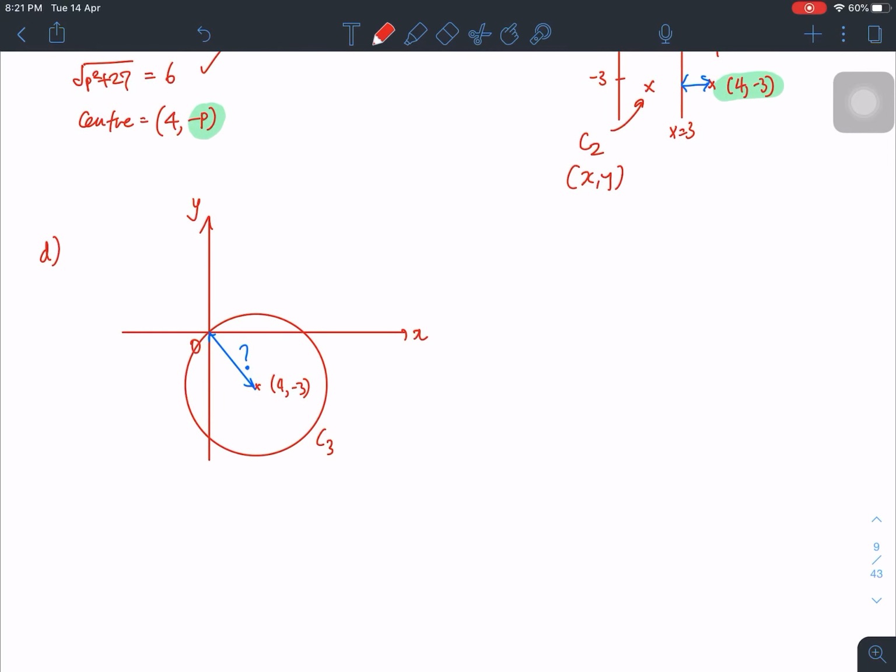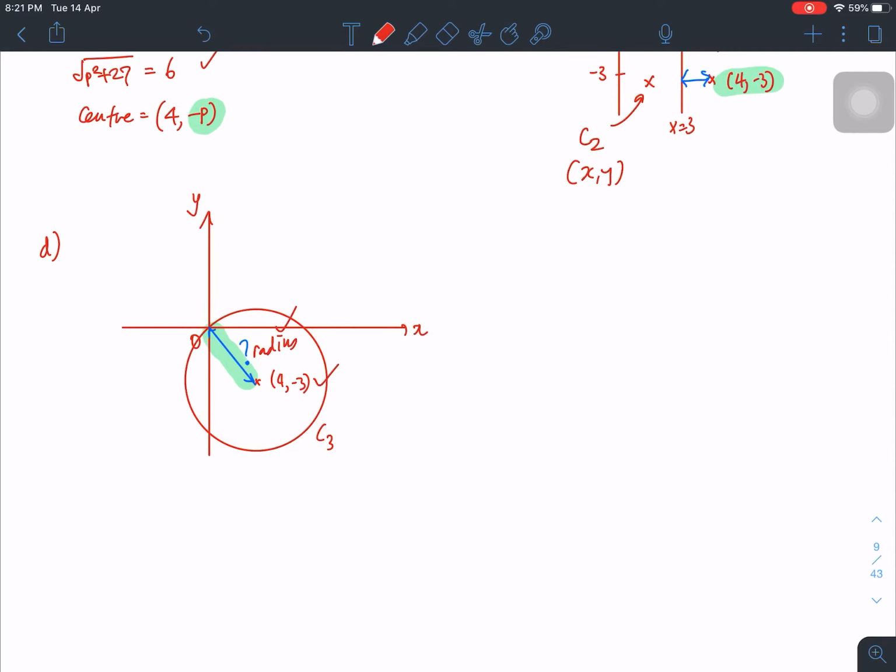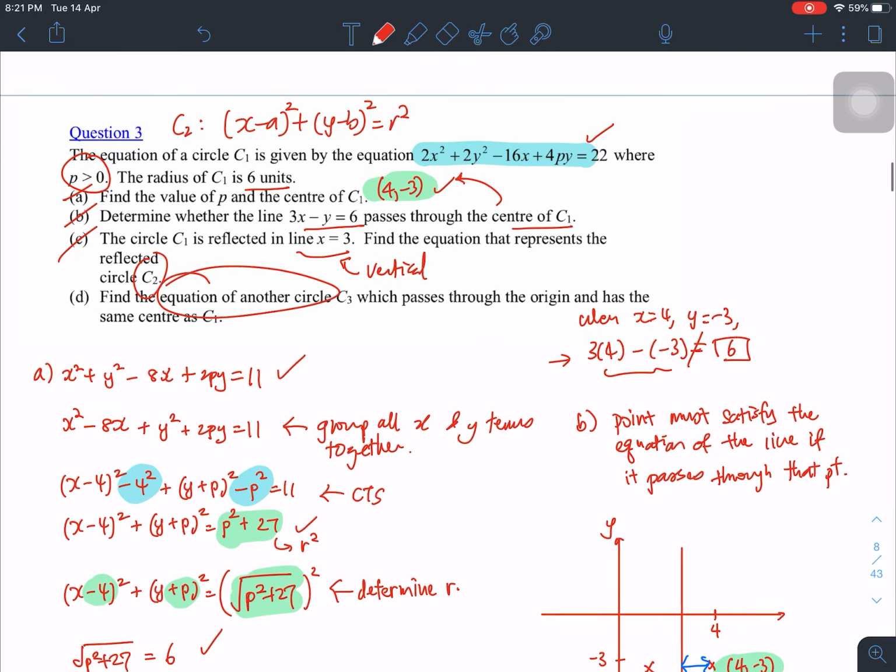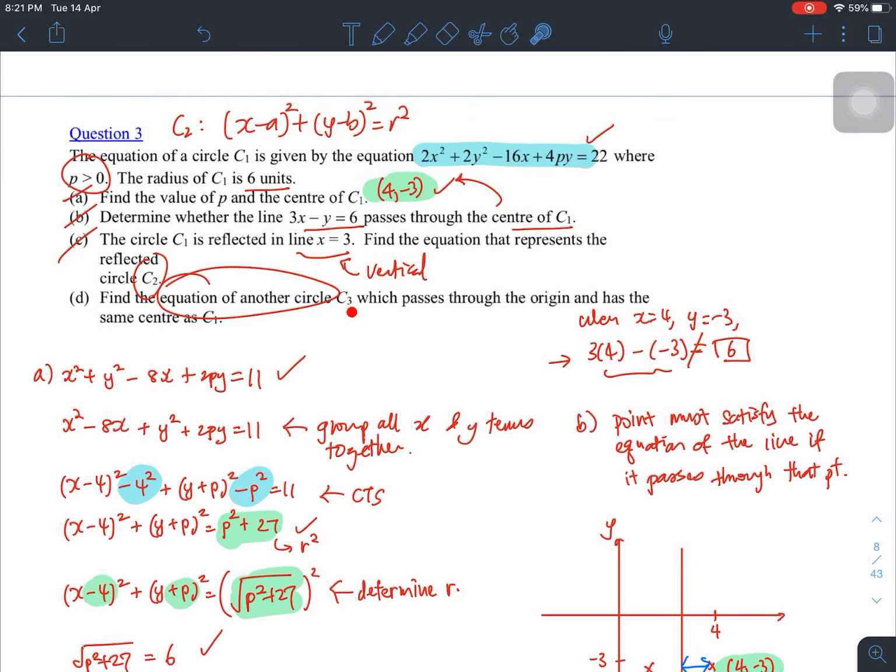If it passes through the origin, are you able to find the distance of this blue line segment? If you are, that would be the radius, isn't it? Do you know the center? Yes, you know the center and you have the radius. Will you be able to find the equation of this circle?